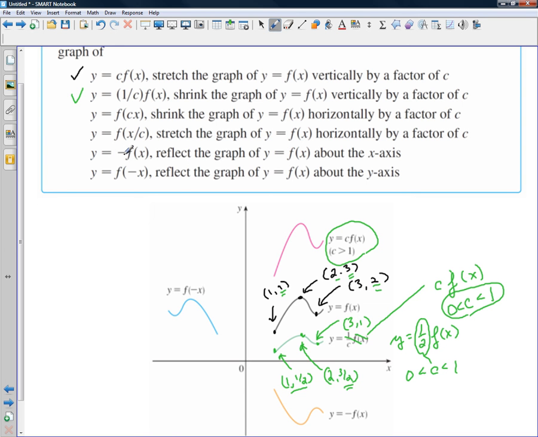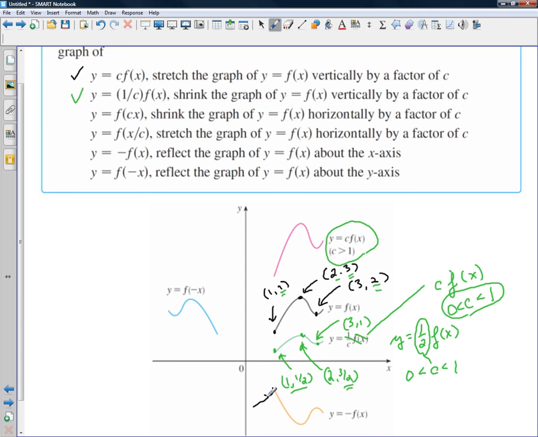Let's say every y is now opposite of what it was before. So every y is now exactly opposite of what it was before. So with this yellow one, if we look at this opposite graph down here, not a point at 1, 1, but a point at 1, negative 1.